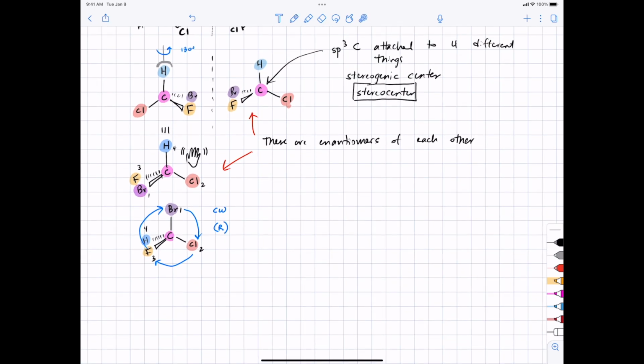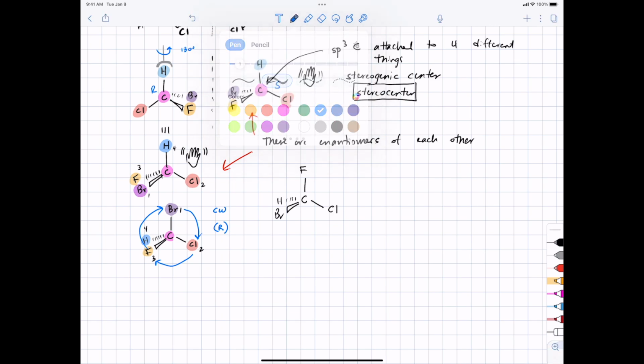Now, if we know that these two are enantiomers, because they're mirror images of each other, and if we know the configuration of the stereocenter in one of those enantiomers, we automatically know the configuration of the stereocenter in the other enantiomer, because it's opposite. Though, if you want, you can verify that. We'll do force push on this molecule, and we'll have fluoro here, bromo here, hydrogen here, chloro here.